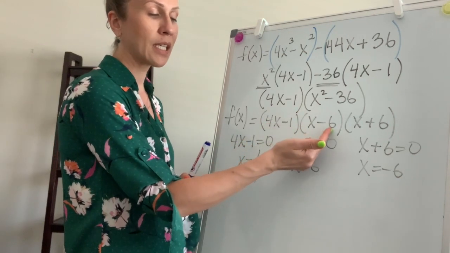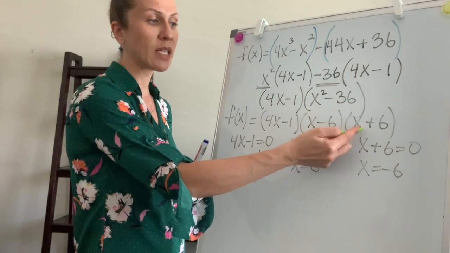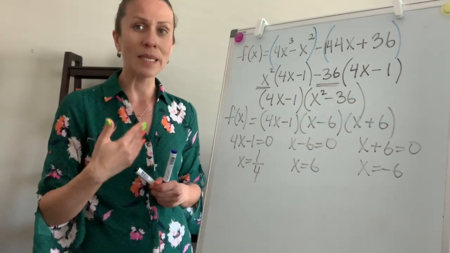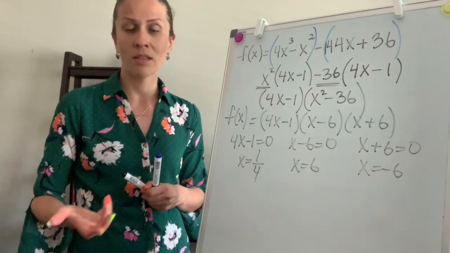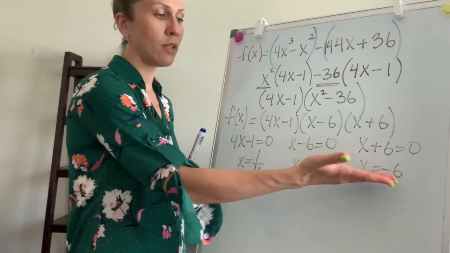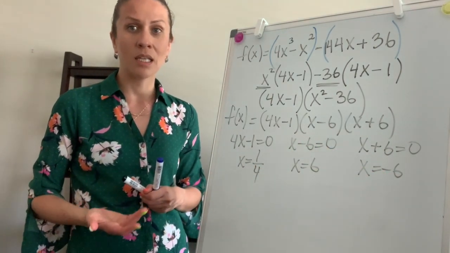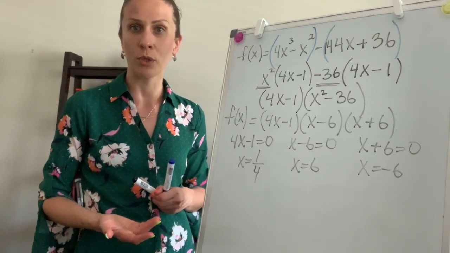X minus 6, that's our second factor, and the degree of it is also 1. And we also have x plus 6 with the first degree also. So the multiplicity of each of these three zeros is 1. 1 is an odd number, so each one of these zeros has an odd multiplicity. What it means is the graph will be crossing the x-axis at those points.